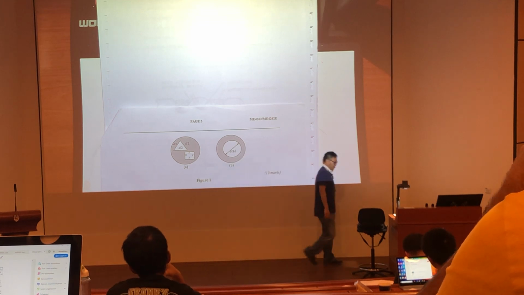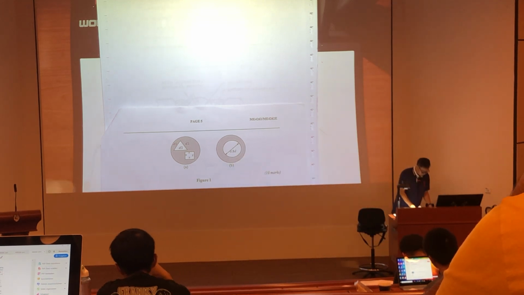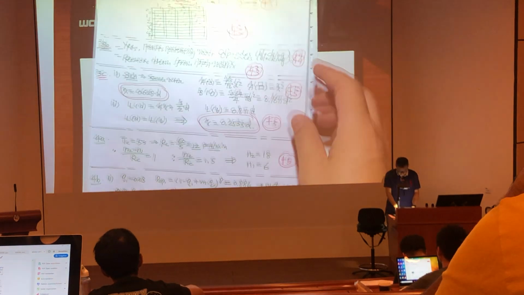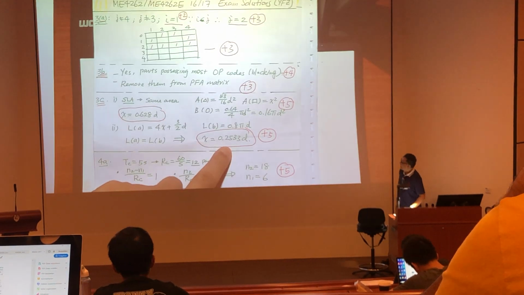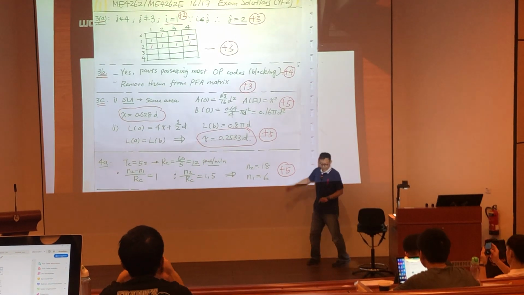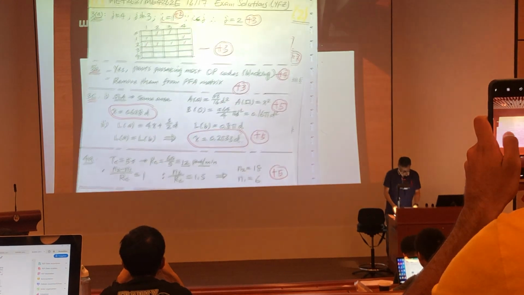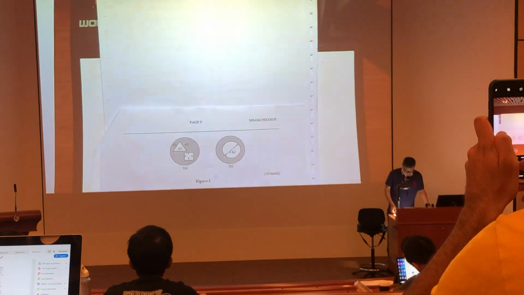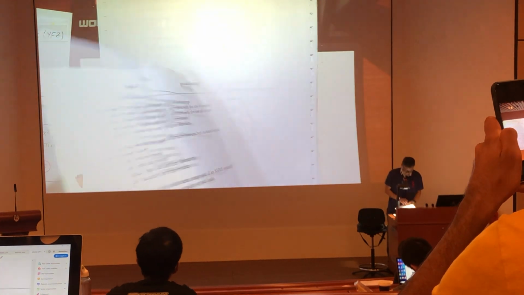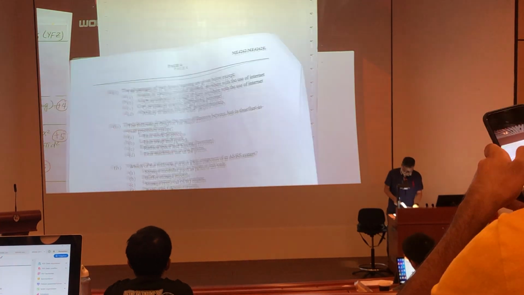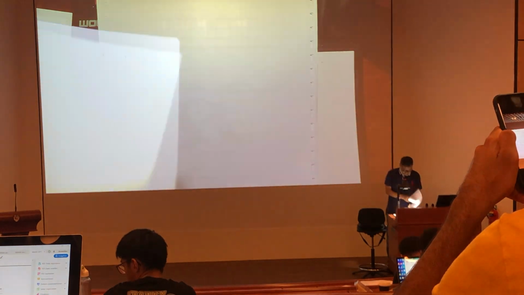And the result is 0.2533 d x equals to. Okay, that's question 3.